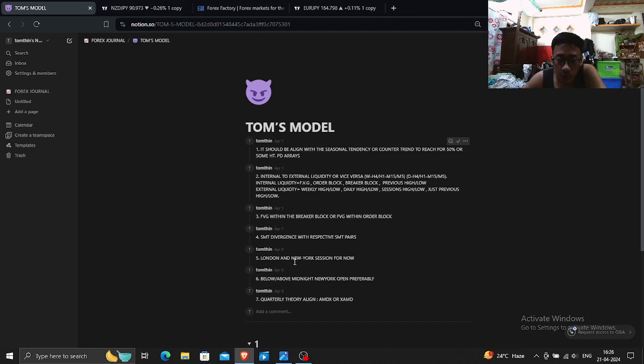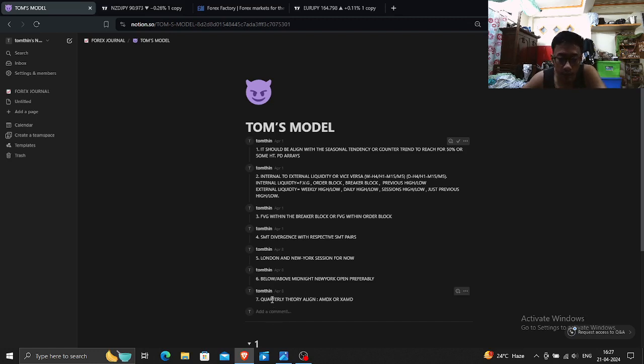For now I only trade in these two sessions, and preferably below or above the midnight New York opening. I don't really mind not taking trades just because it is not above or below this midnight opening New York range, but it is a cool confirmation thing.